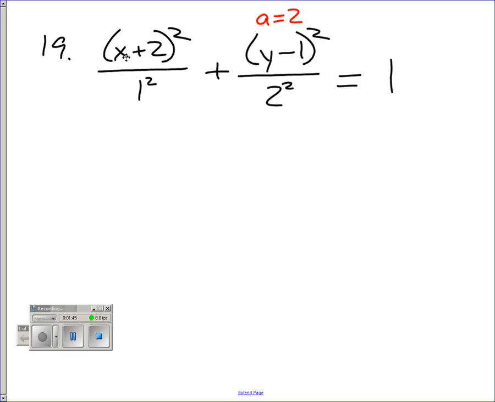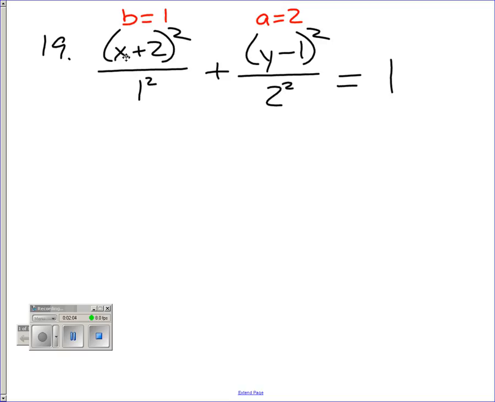Because it's under the y, what does that mean about the ellipse? The major axis is vertical, because the bigger number is underneath the y. Then B is equal to 1.